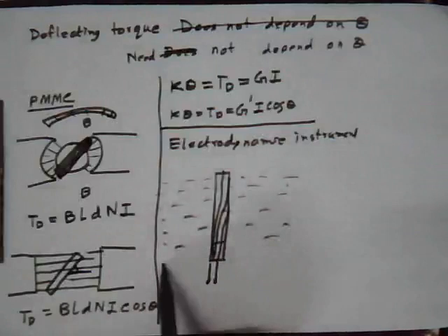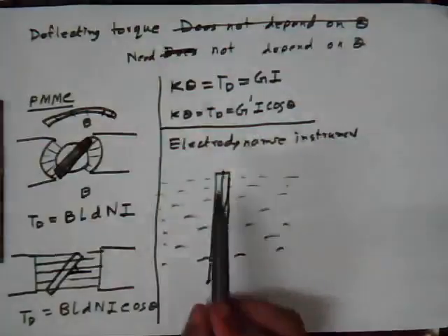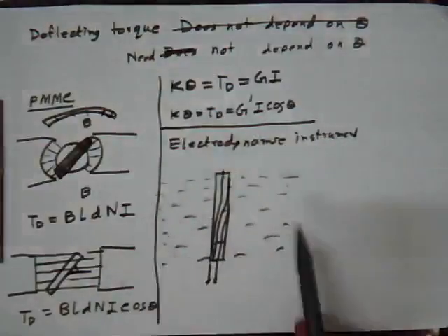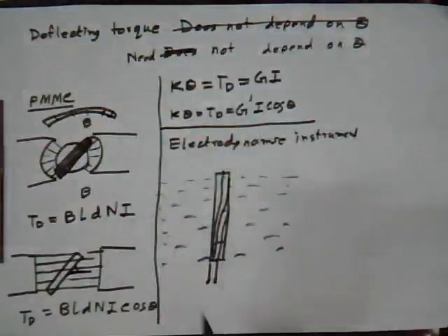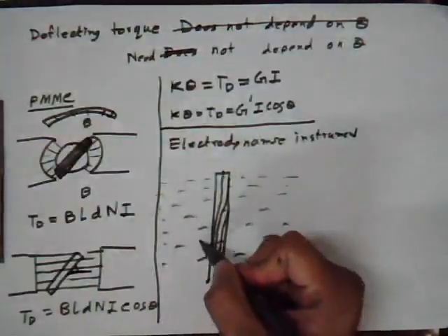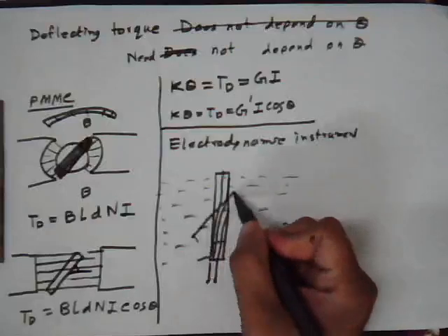So the flux lines are parallel, perpendicular to the field coil, and they circulate and come back, something like this and this. And say inside it I have the second coil, which is the moving coil.